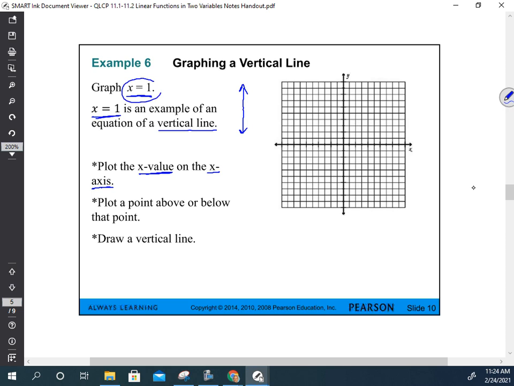They told us that x is equal to 1. Go to the x-axis and put a point on 1. That was easy.